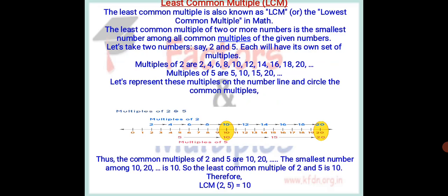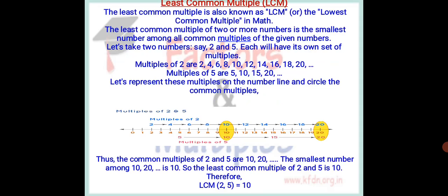Now, the last point, that is least common multiple. The least common multiple is also known as LCM in short form, or the lowest common multiple, same to same. What is the meaning of least common multiple?